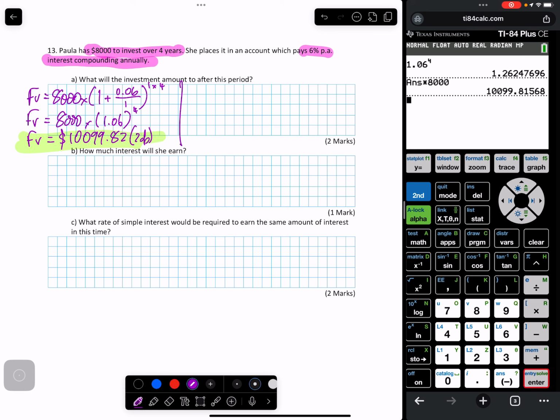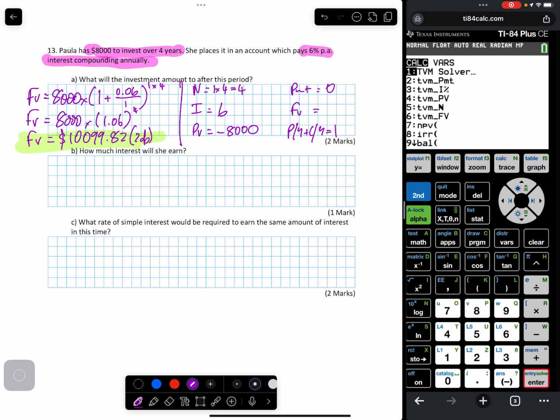Using TVM solver, N, I, PV, PMT, FV, PY, and CY. Compounding annually, so PY and CY are both 1. Investing over 4 years, so it's 1 times by 4, it's going to be 4. The interest rate is 6%. PV, they put 8 grand in, so negative 8,000. There's no payments here.